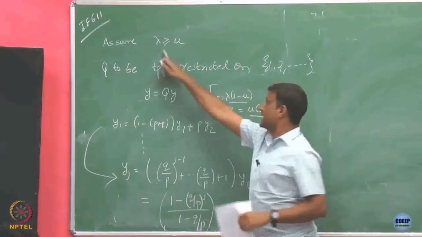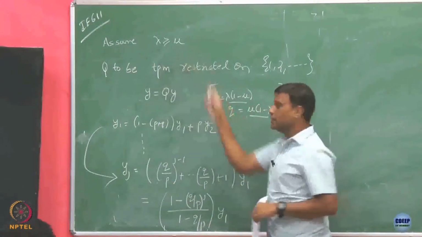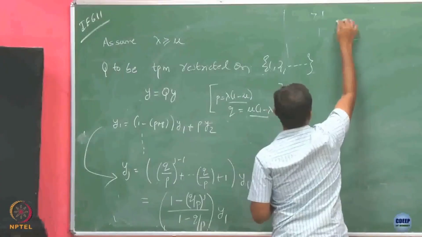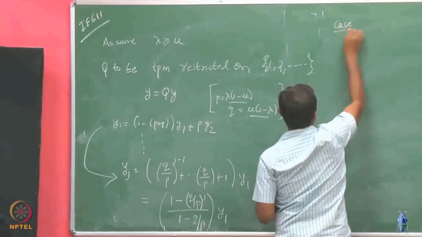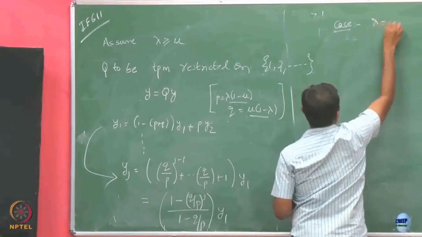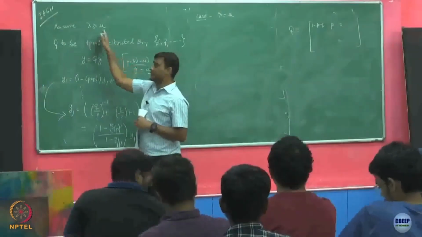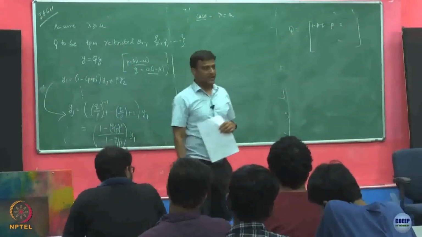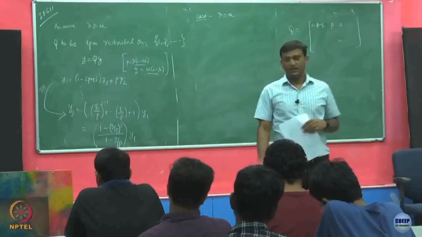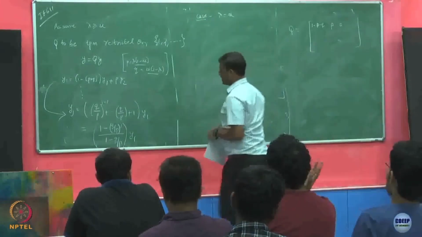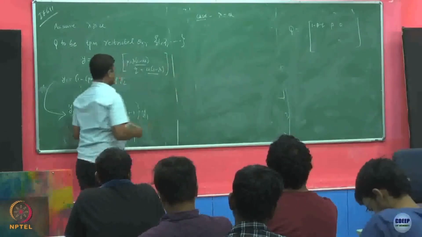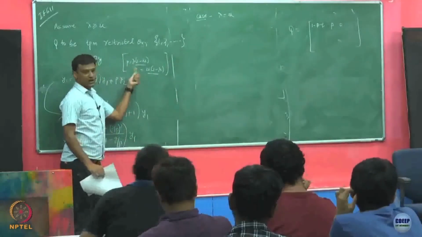I am in the case where lambda is greater than or equal to mu. So, consider first only the case where lambda equals mu itself, and I will separately deal with the case when lambda is greater than mu. So when lambda equals mu, what happens? When lambda and mu are equal, p and q are going to be equal, right?